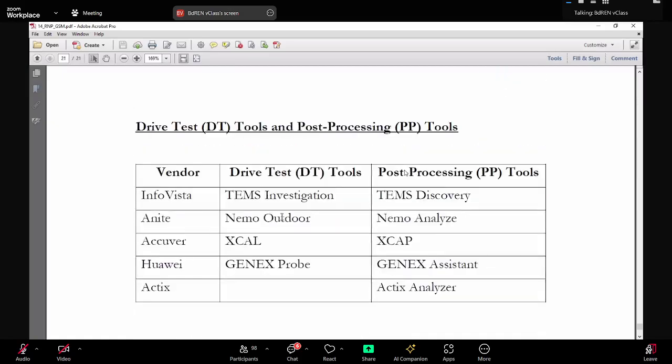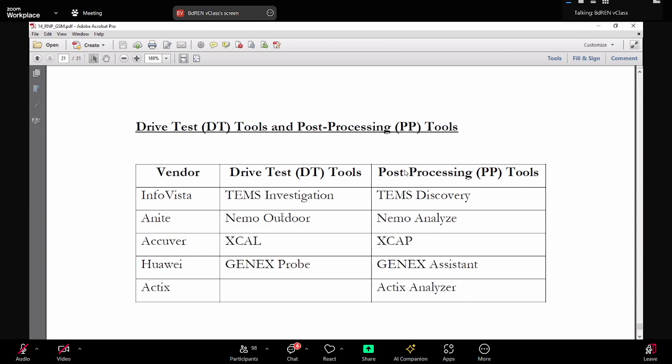Now there is another popular type of tool which is used after the deployment, for optimization purposes or continuous monitoring and improvement or checking issues. So these are some drive test tools, which people install on the laptop, or some of them can also be installed on the phone.